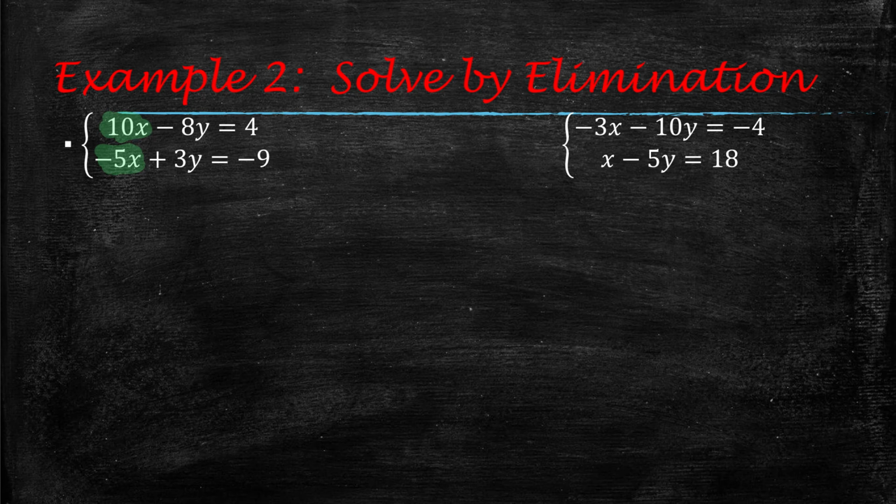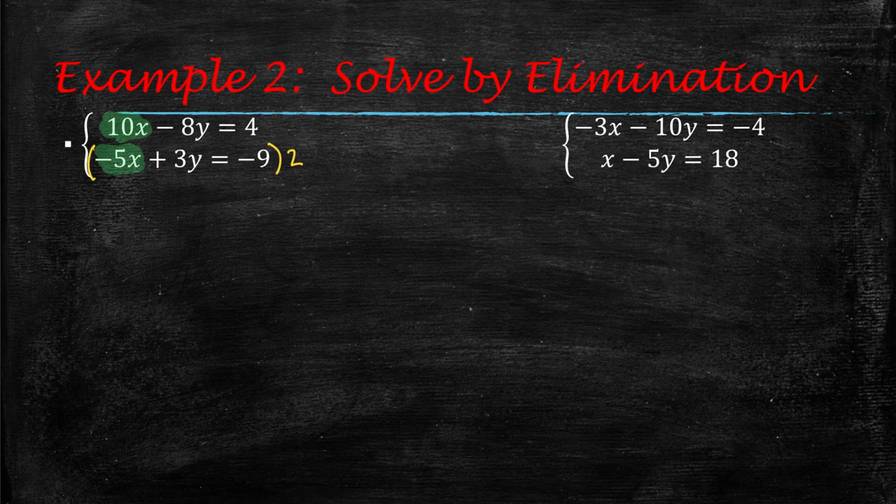If I can get both of those to be opposites, then I would be able to add them up and cancel them. Well, is there a way that I could get the bottom one to turn into a negative 10? Because that would be an opposite with 10. Well, the way that I could do that is to multiply this bottom one, multiply the whole thing by 2.